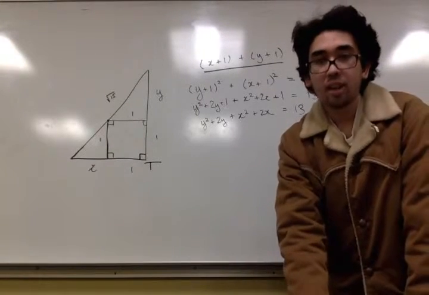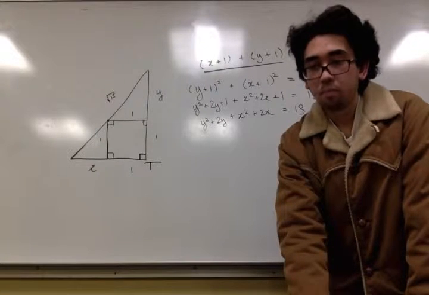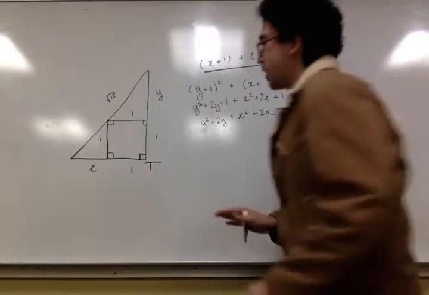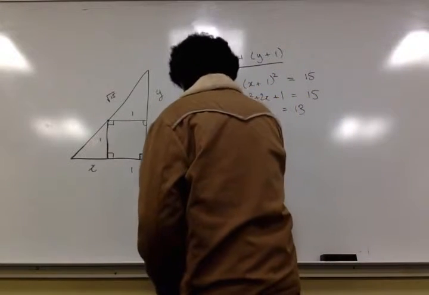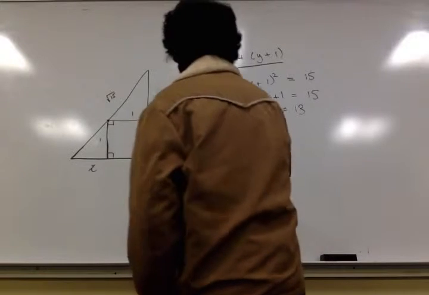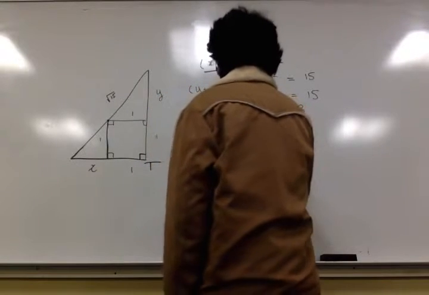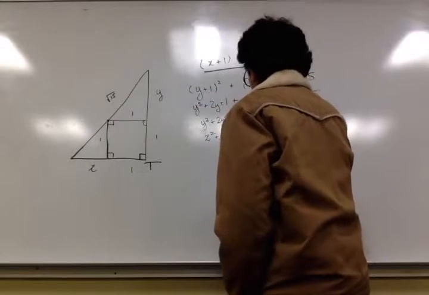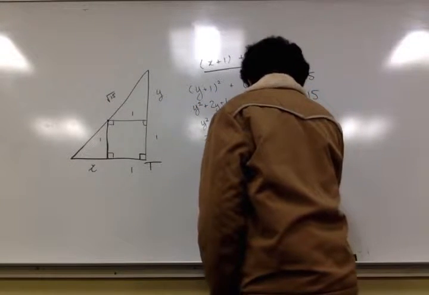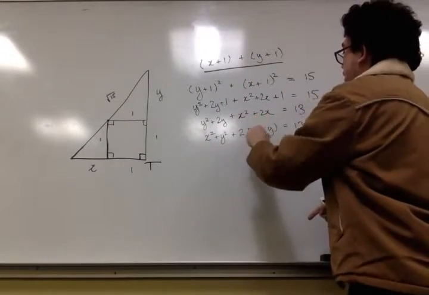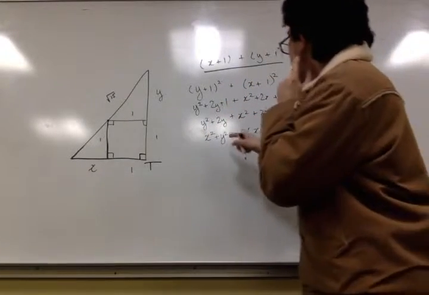I was like that in class too. But now that we know the way to do it, we're going to make it easier. First we group the x squared and the y squared together, and then we group the x and the y together and factor it. So that's 2 times x plus y equals 13.